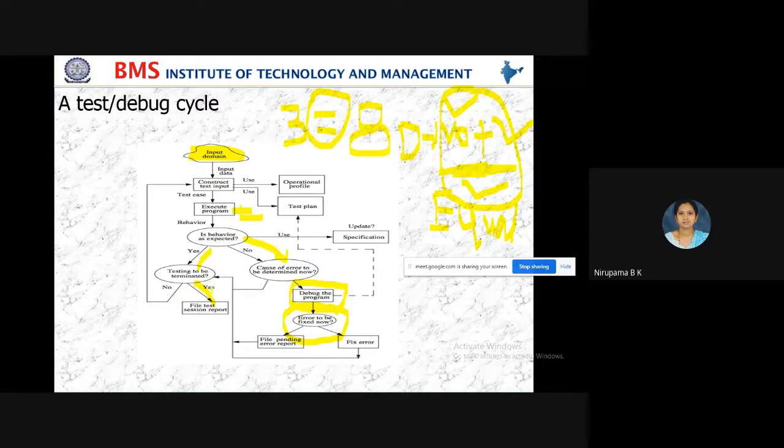Again it will check whether we have to terminate the testing or not. If we debug the error, then we have to terminate the testing process. We have to end the session. Still, if you have not resolved the error, again it will go back.